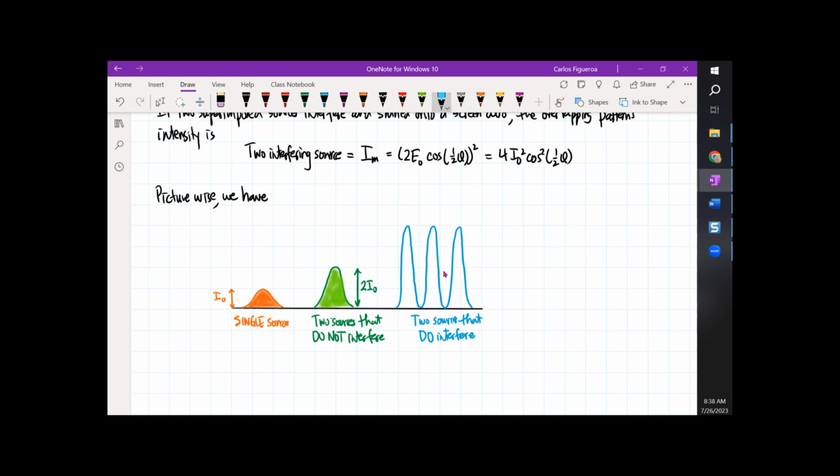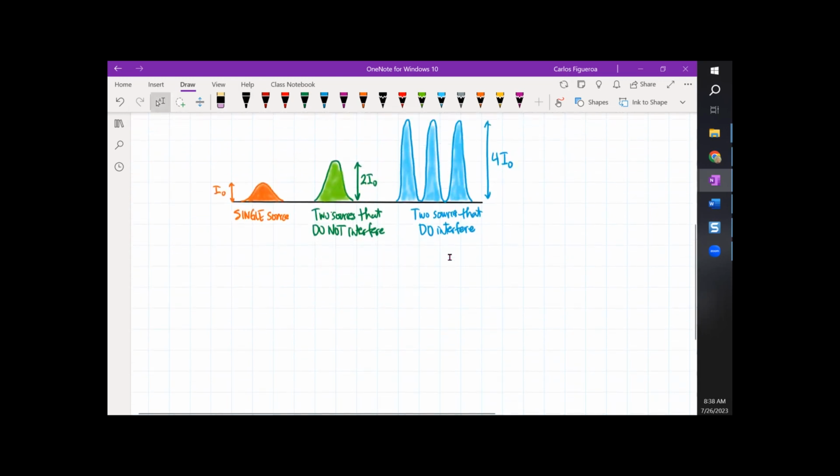And so when I'm looking at these intensities, what I'm seeing here is that this height is not twice as high, but 4 times as high in its maximal value. That's why we want interfering waves. We get a much bigger amplitude. So the intensity function goes by this here.